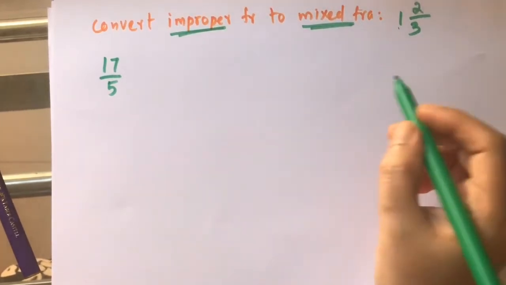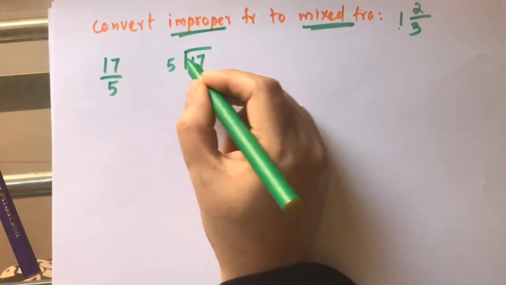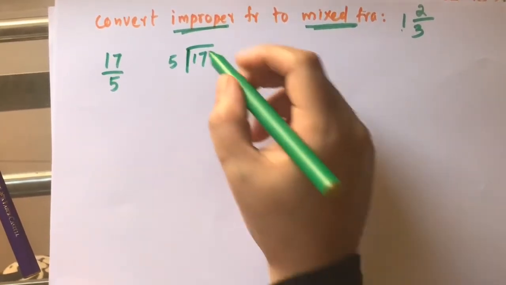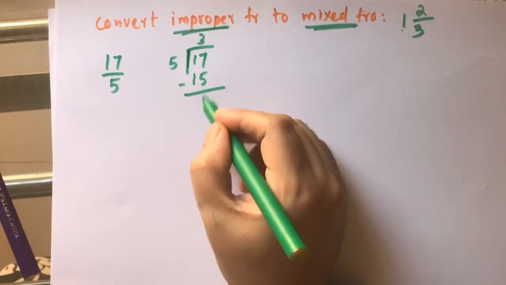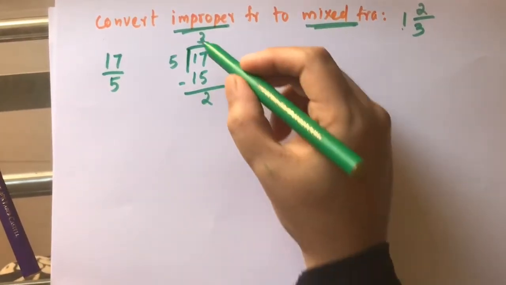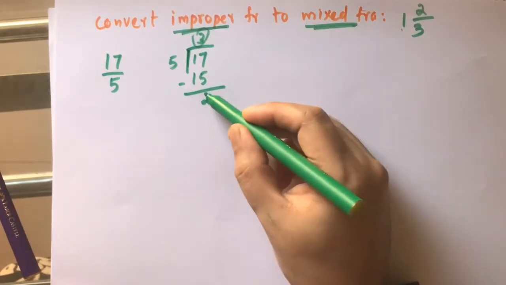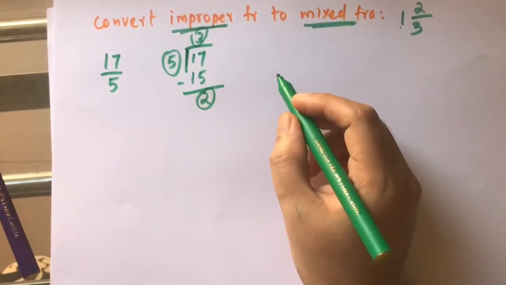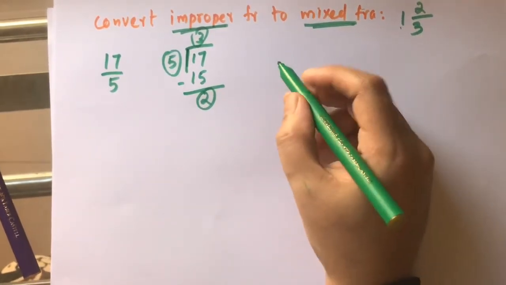We have to divide 17 by 5, the normal division. In 17, 5 goes 3 times. 3 5s are 15. 17 minus 15 is 2. So we got the quotient as 3, remainder 2, and 5 is the divisor.